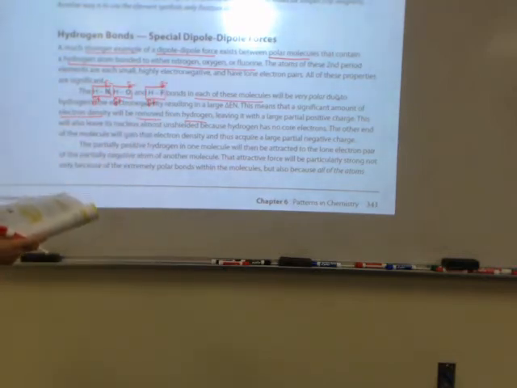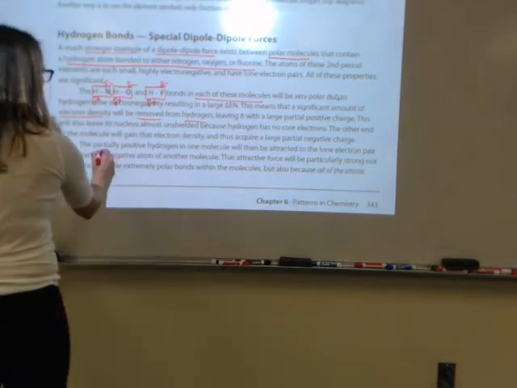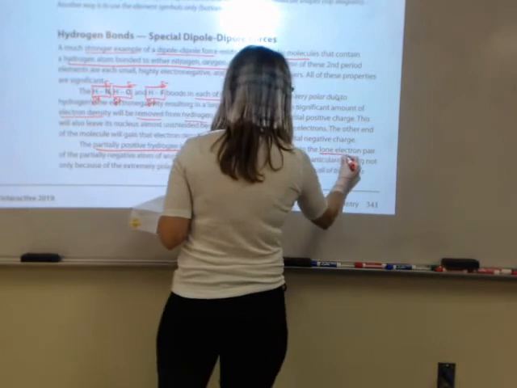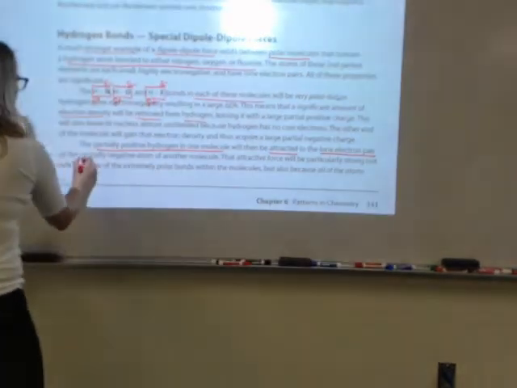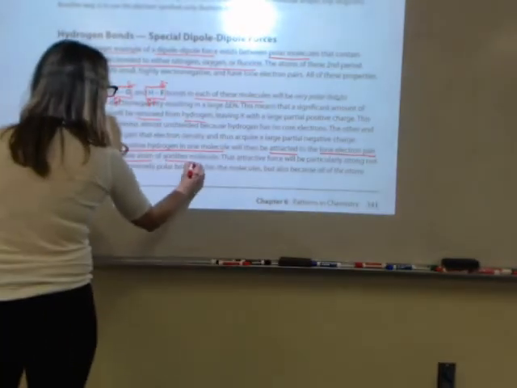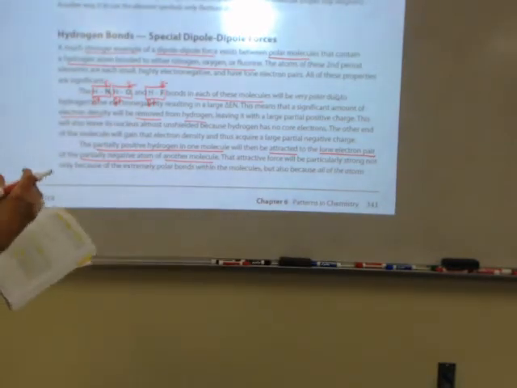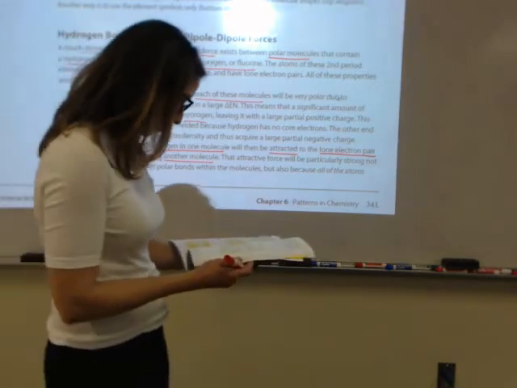So what happens is the partially positive hydrogen in one molecule is attracted to a lone pair of electrons of the partially negative atom of the other molecule. And that attractive force is so strong.